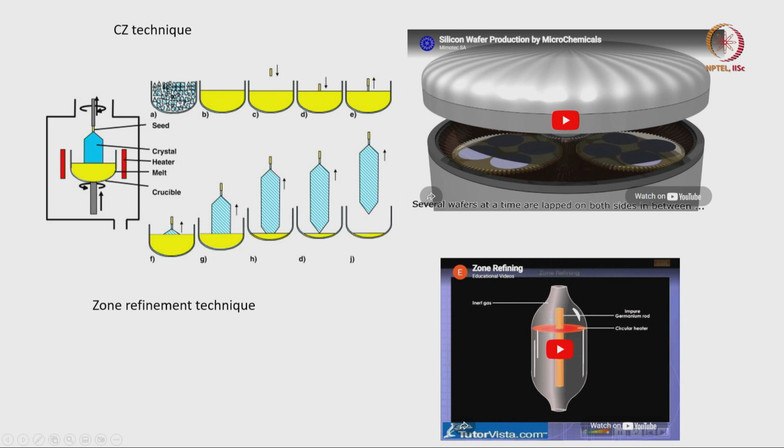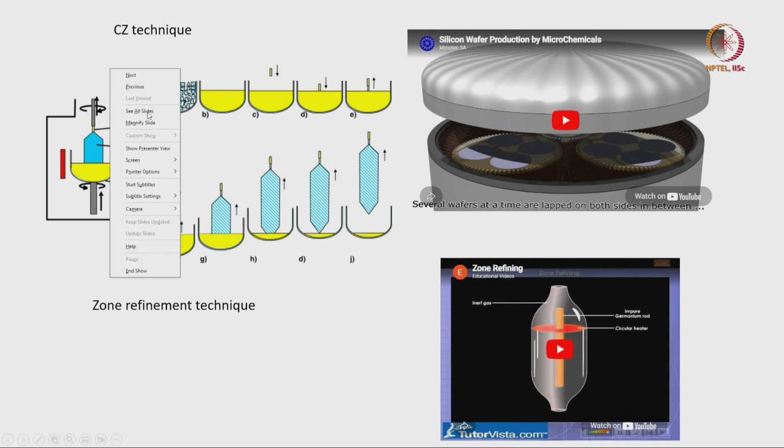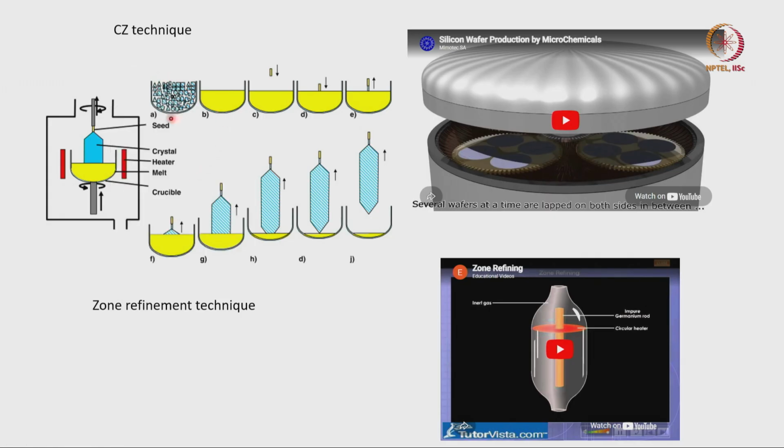If you can follow my mouse, first you have some amount of silicon. This is what is called polycrystalline silicon.